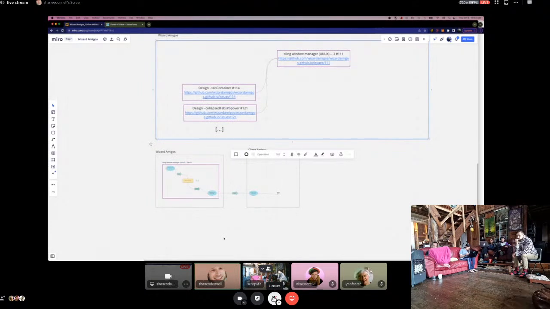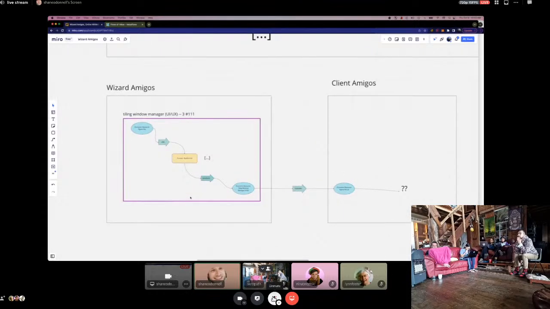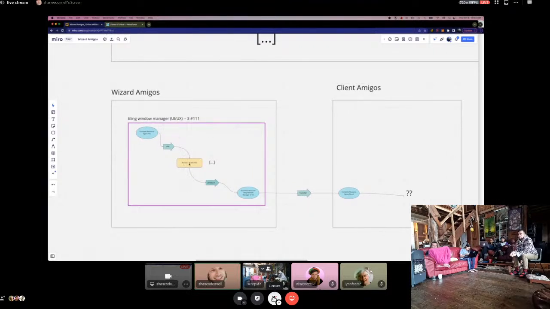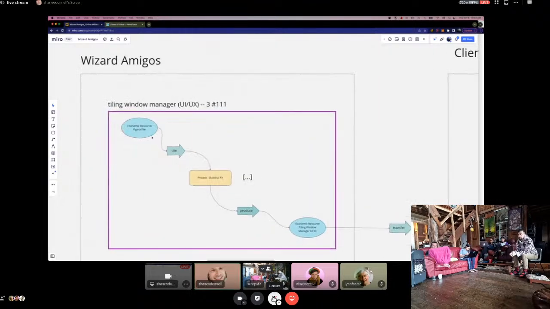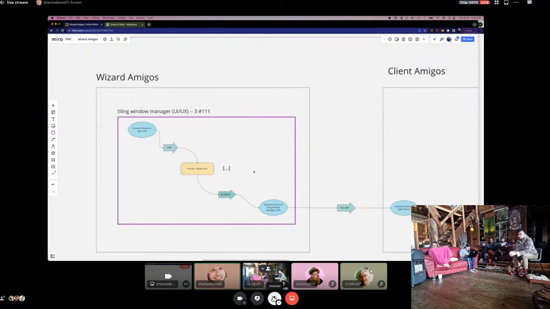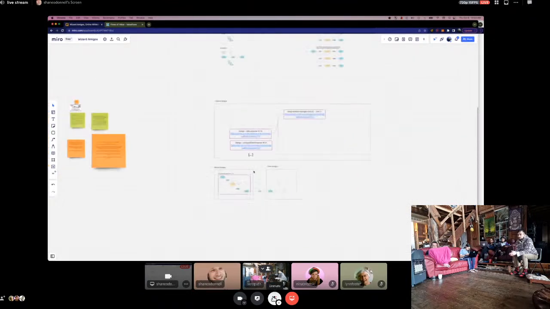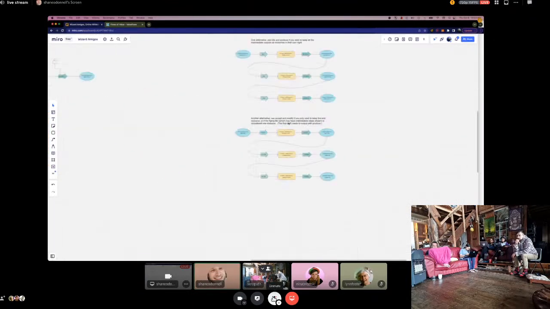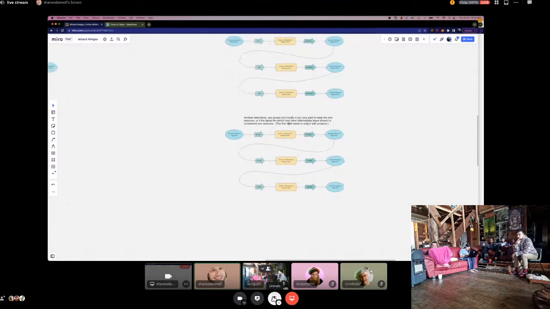So we mentioned at the start that Valueflows is designed for collaboration across distributed communities, organizations, and also fractally as well. So I'm making an assumption here that for this tiling window manager, whatever work is done can be a single flow, or a whole bunch of flows, depending on how many design iterations, how many things get produced.